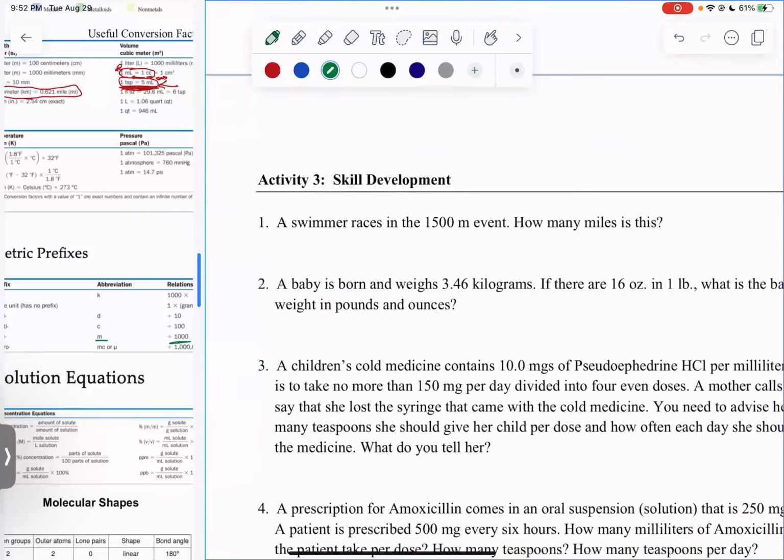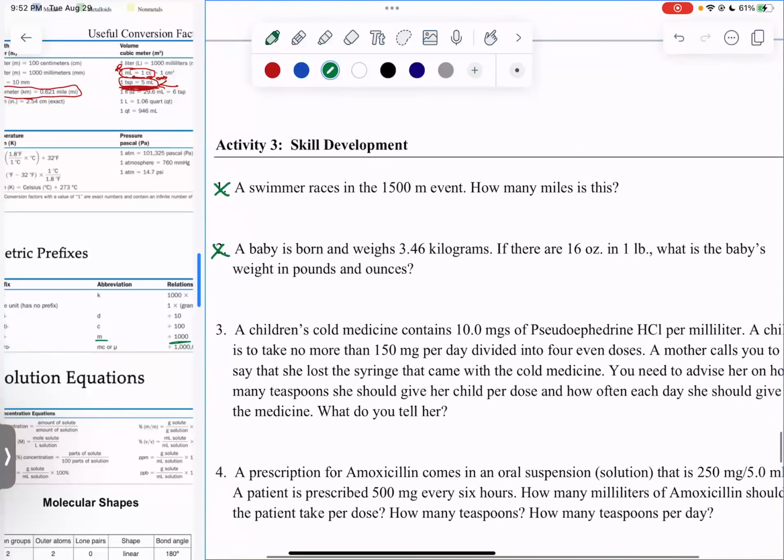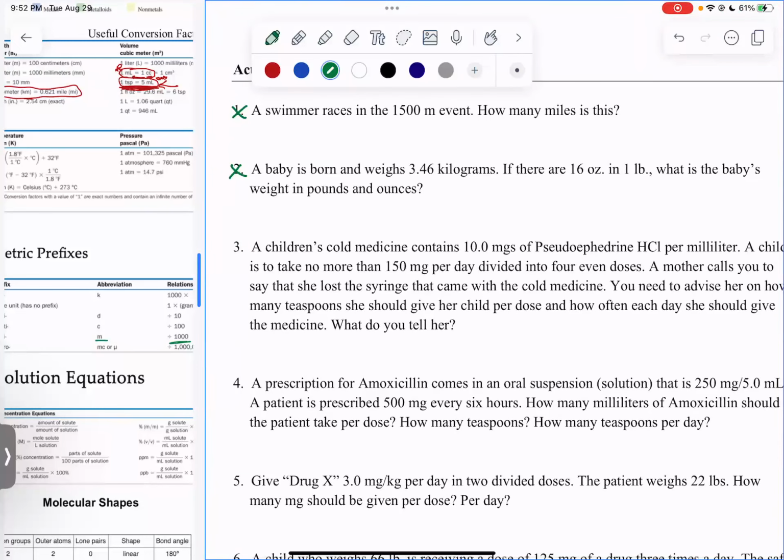Okay. You can kind of skip 1 and 2. These aren't dosage calculations, so we'll save time. Those are not real difficult problems. You can do them if you want. For the first one, you should get 0.95 miles.